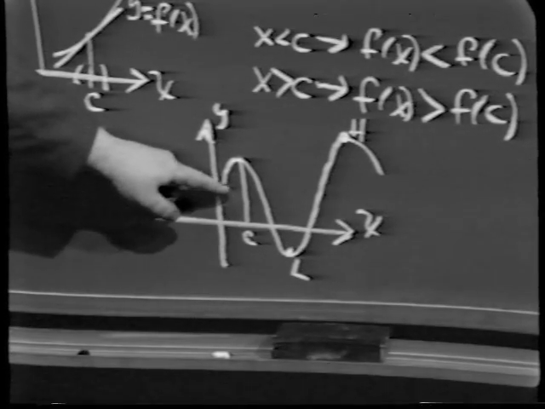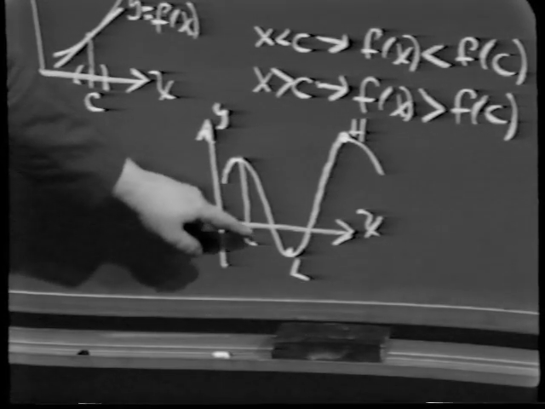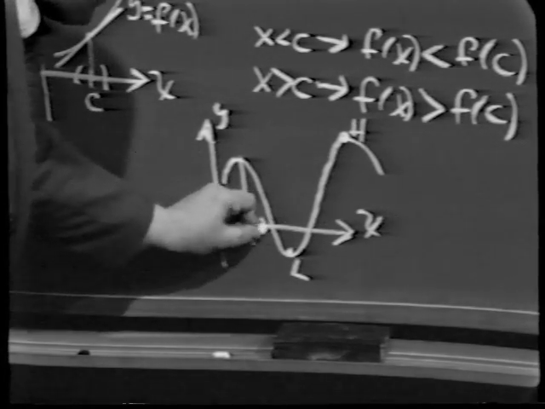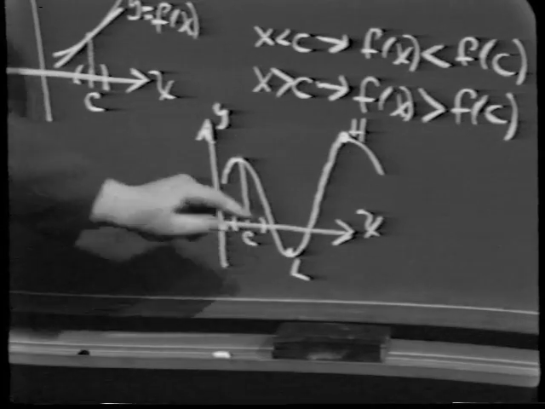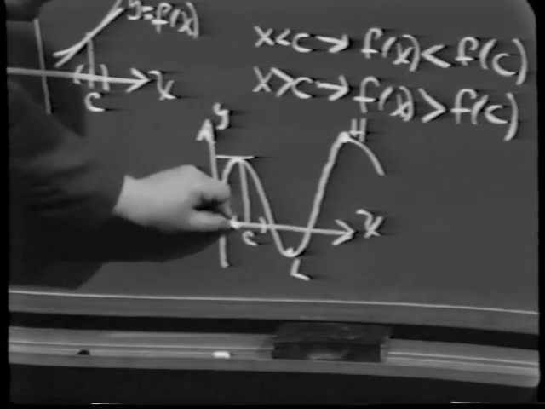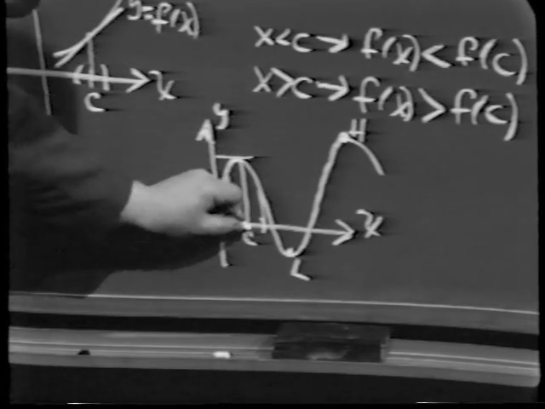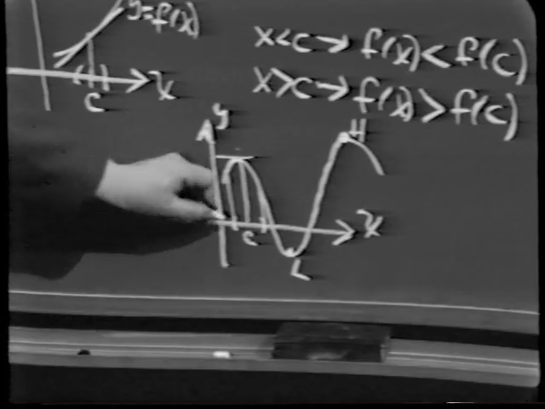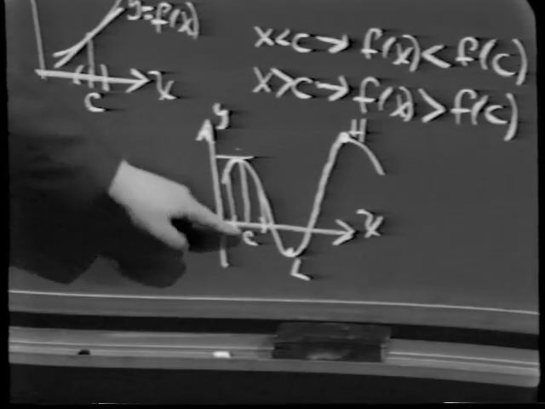What I'd like you to see, however, is that our definition talks about what? In a neighborhood of the given point. You see, what we're saying here is that if we pick an appropriately chosen neighborhood surrounding c, then what is true is that at the value of x corresponding to c, f of c is the highest point in a suitable neighborhood of c.